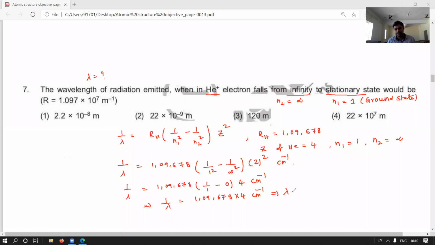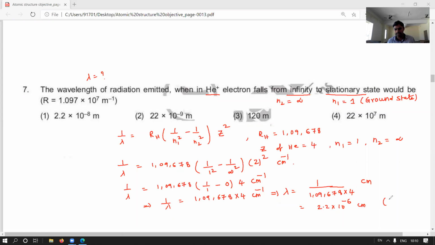So lambda is equal to 1 by 1,09,678 into 4 centimeters, which on simplification comes to approximately 2.2 into 10 to the power of minus 6 centimeters.